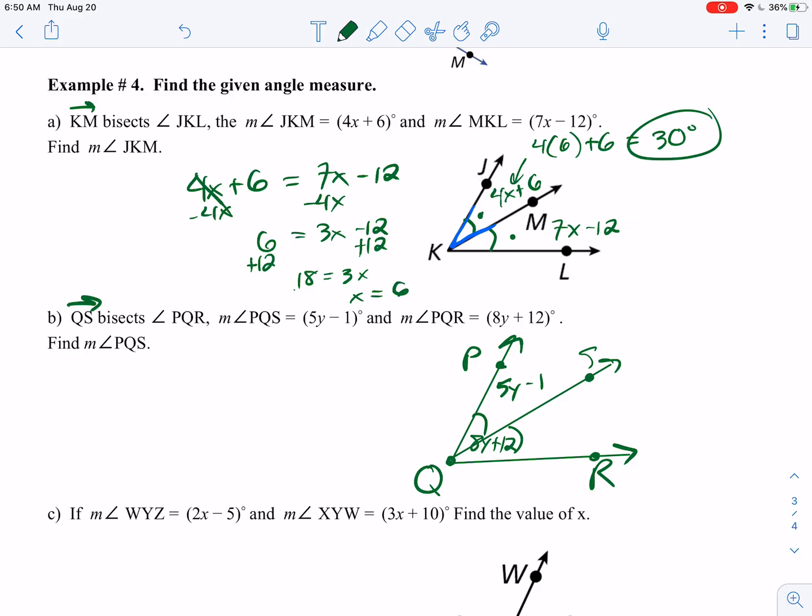You know what? Let's actually work this one out together because it's a little different. The 8y plus 12 is for the whole angle, so if we know this angle is 5y minus 1 and they're congruent, then we can assume this side is going to have the same measure, so let's use the same expression. And now we can use angle addition postulate. 5y minus 1 plus 5y minus 1 equals 8y plus 12. Combine your like terms.